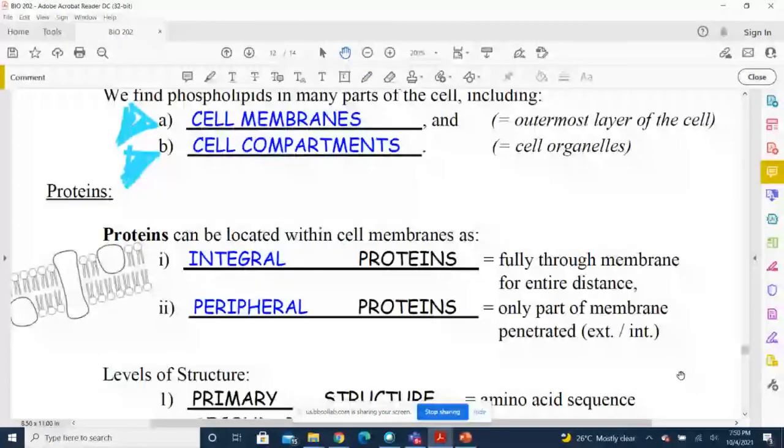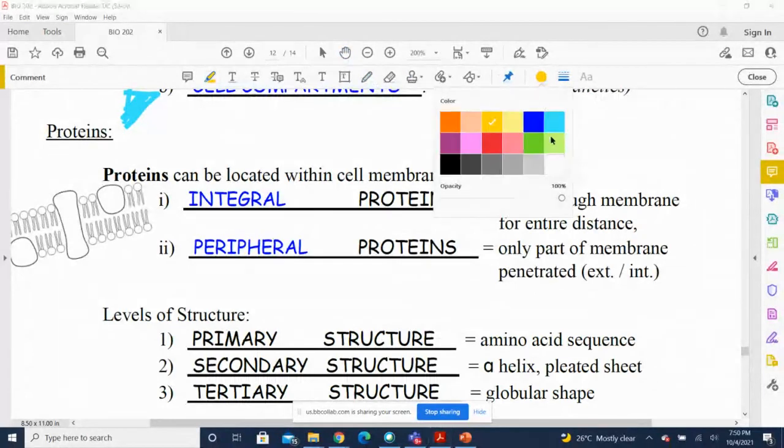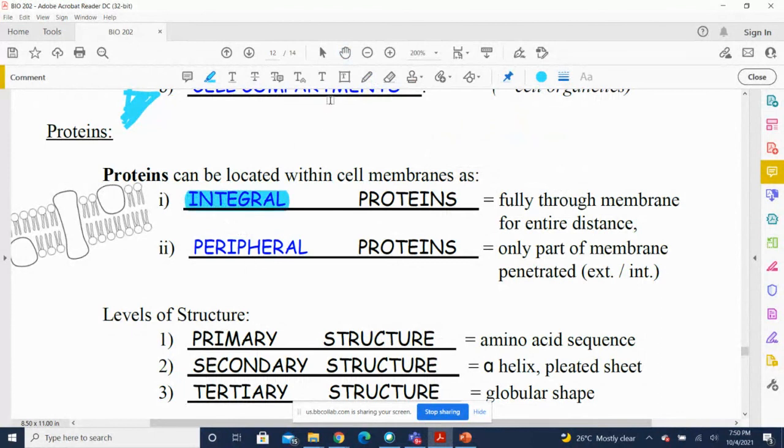When we talk about proteins, a couple of things to notice there. I've mentioned that we can have integral proteins. These integral proteins extended all the way through the cell membrane, whereas peripheral proteins are only on a part of the cell membrane, not extending all the way through it.